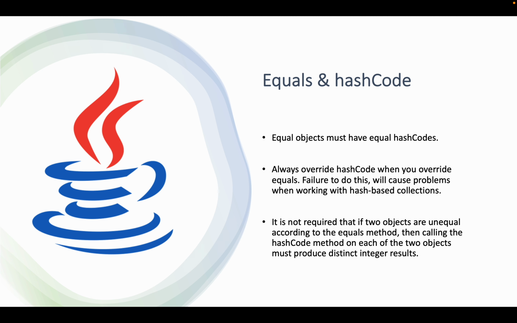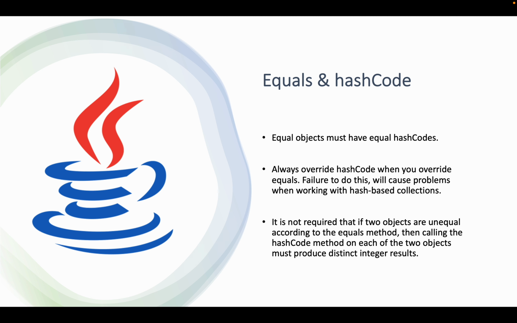Equal objects must have equal hashCode. There is a contract between the equals and hashCode methods. We are also told to always override hashCode when you override the equals method.